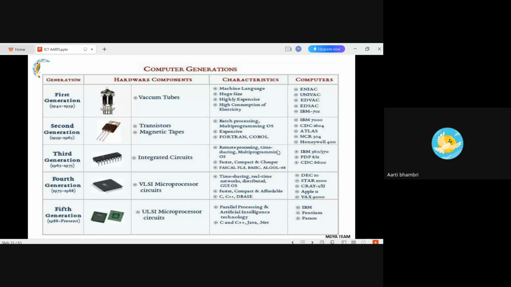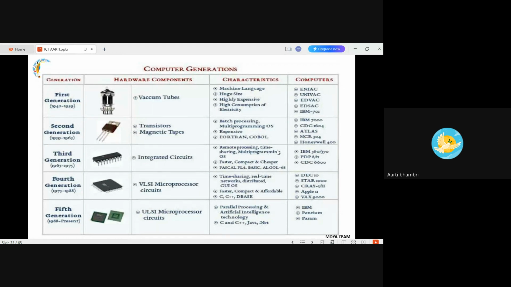Characteristics: machine language, huge size, highly expensive, high consumption of electricity. Examples of first generation computers are ENIAC, UNIVAC, EDVAC, EDSAC, and others. All these come under the first generation, IBM 701.